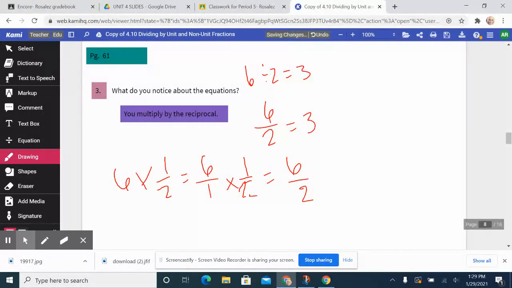So 6 divided by 2 makes 3. So you could divide by 2, or you can multiply by the opposite, or 1/2. Multiplication is the opposite of division. So instead of dividing by a fraction, we can multiply by the opposite. And that's why you flip it. That's exactly why. And you change the sign.